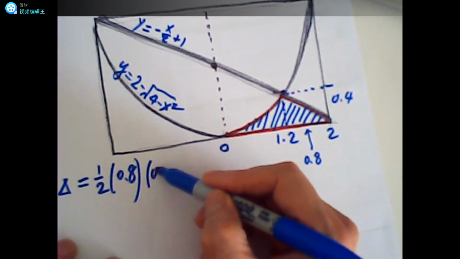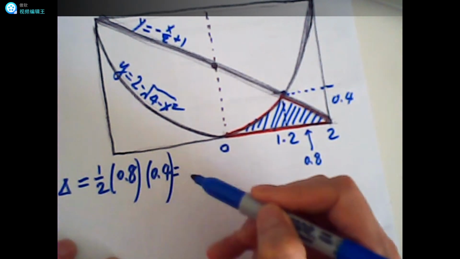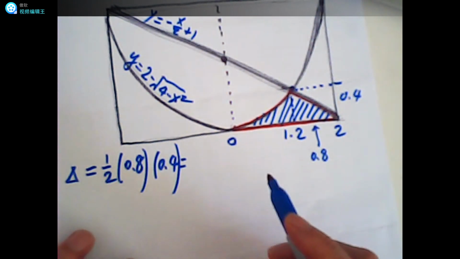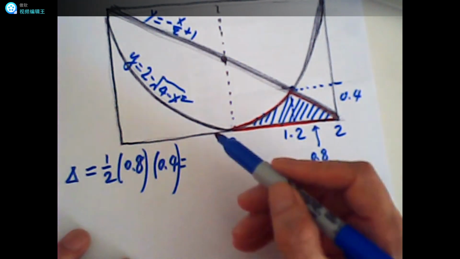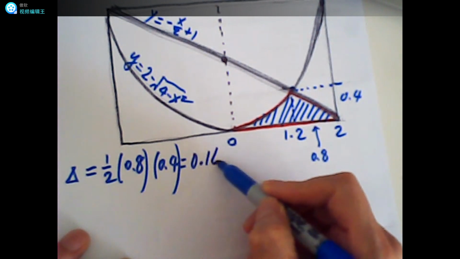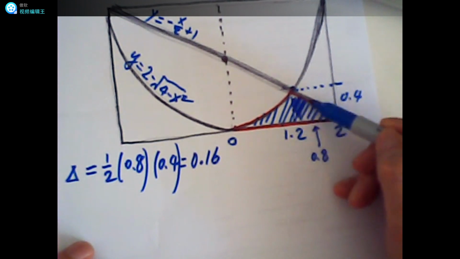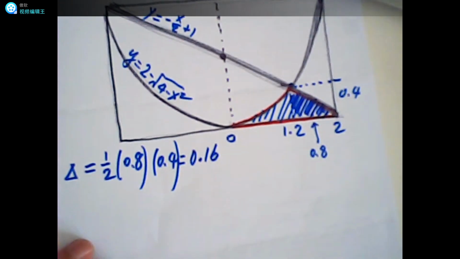The height is 0.4. So that one is equal to 0.16, right? Yeah. So this piece is 0.16.